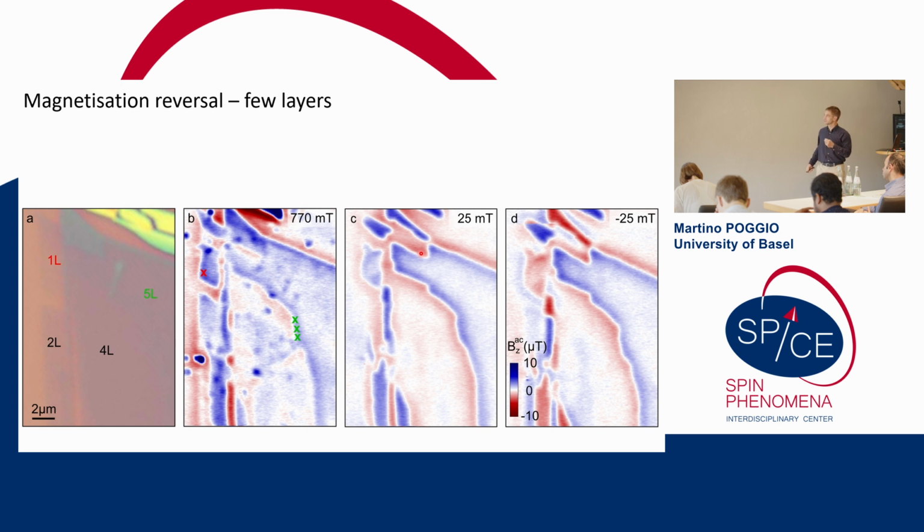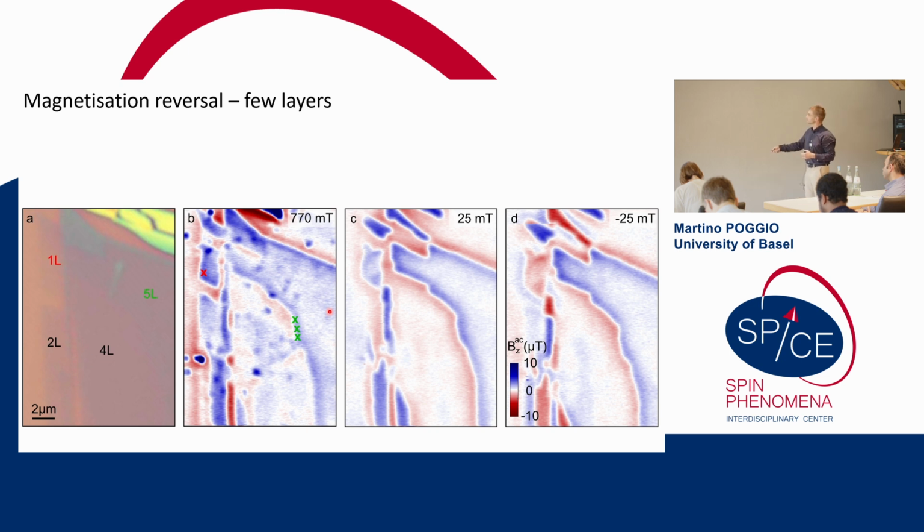And what's very interesting is to contrast this to the behavior of the 5-layer region of the sample. So the 5-layer region of the sample would have 4 layers on top of each other, antiferromagnetically coupled, and the last layer should be providing essentially the same kind of signal as the single layer. So what we can do is essentially study the monolayer and contrast it to what's happening in this region here of the 5-layer.